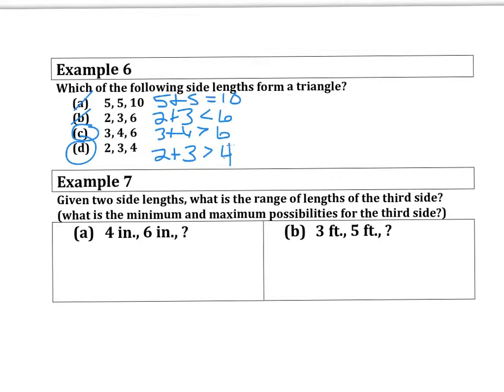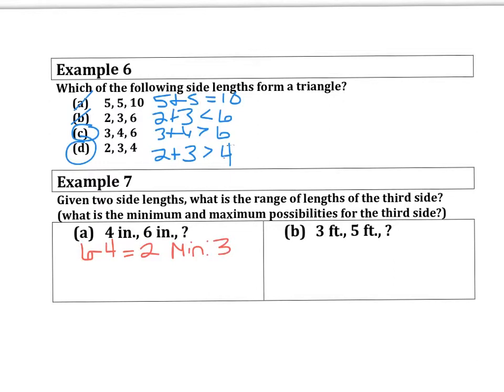Okay, now in example 7, it asks us, given the two side lengths, what is the range of lengths of the third side? So what is the minimum and maximum possibilities? So what we would first need to do here is subtract the 2 that we have. So 6 minus 4 gives us 2. So that means that whatever our minimum is, it has to be bigger than 2. So we're just going to increase it by 1. So the minimum measure would be 3.